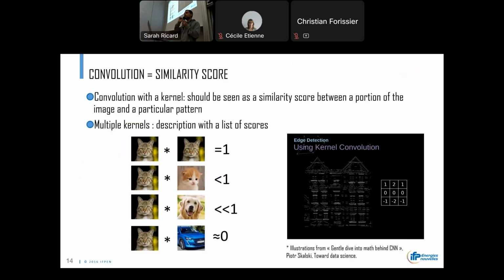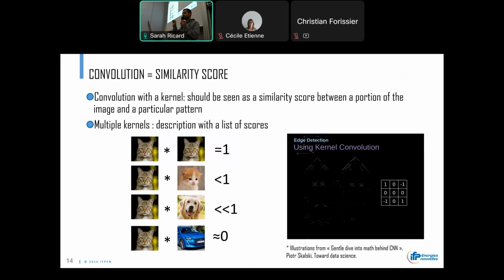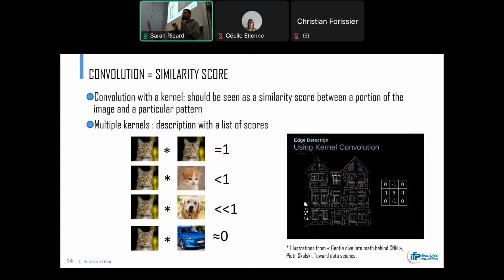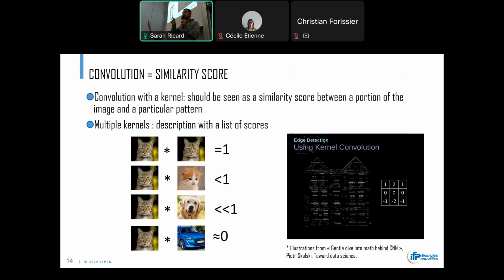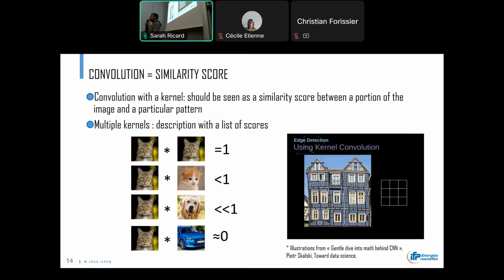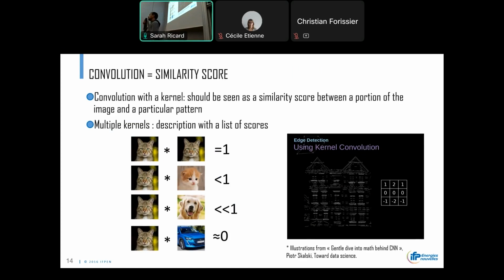And one major idea you need to remember after this lecture is that convolution can be seen as a similarity score. So convolution operation is like you try to compare two things. So here it's two functions, and you want to see if these two functions are similar or not. Okay, you can see the convolution like this.